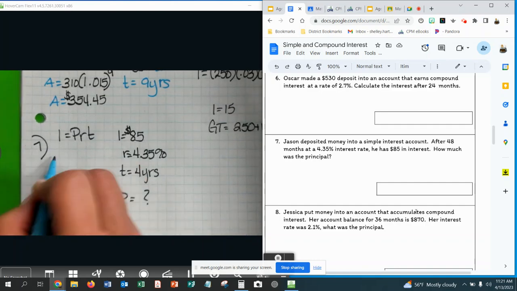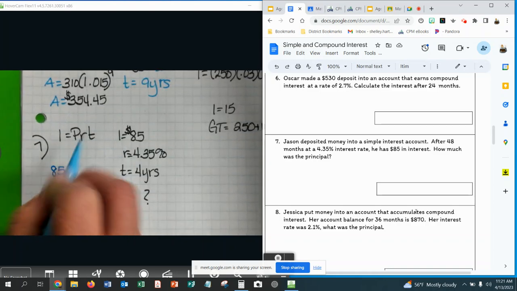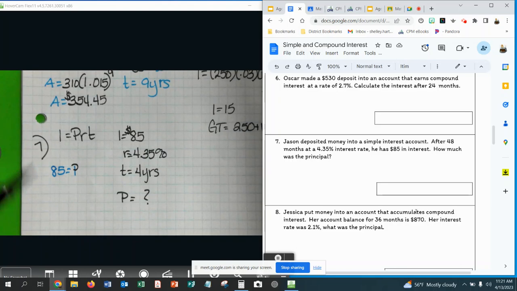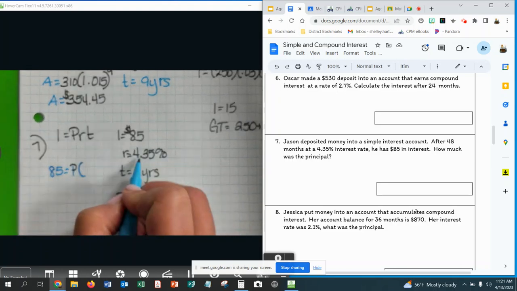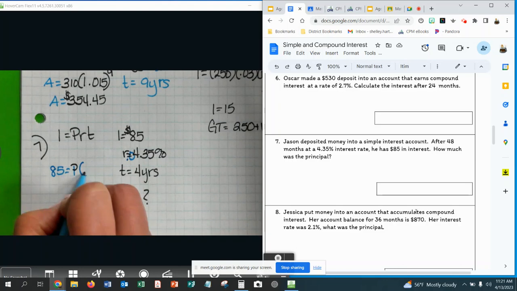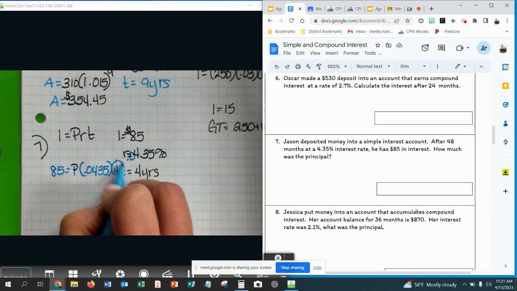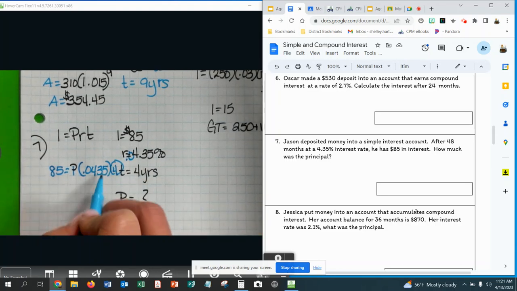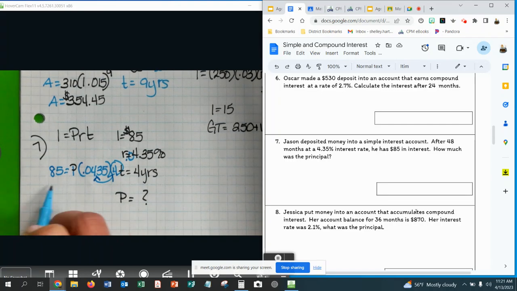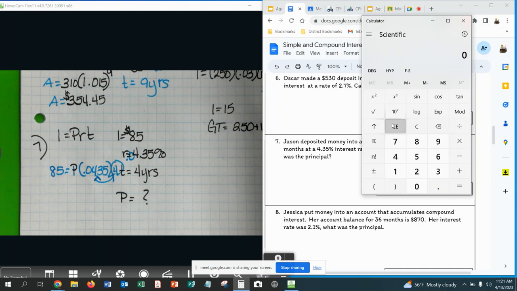So I'm going to plug in all the information we have. Remember, our rate is 0.0435 because I've moved the decimal. And our time is 4 years. Now, the first thing I'm going to do is multiply these two first. 0.0435 times 4 equals 0.174.